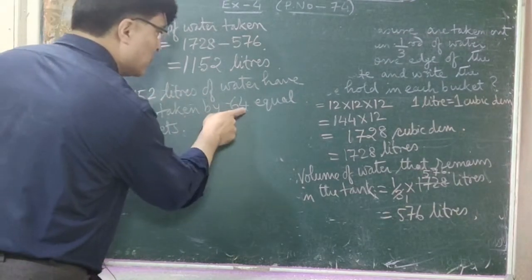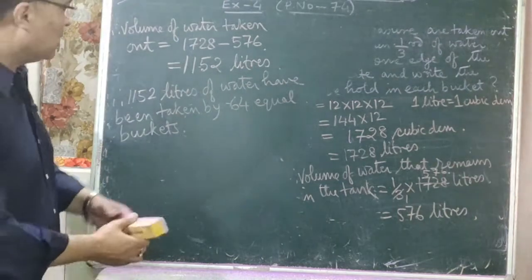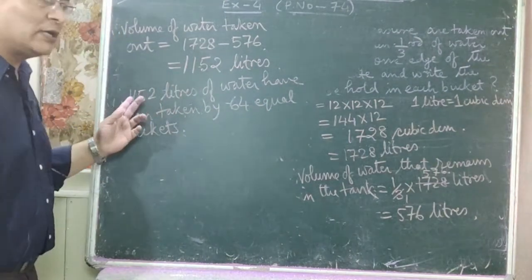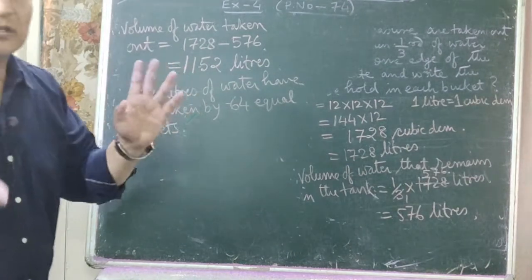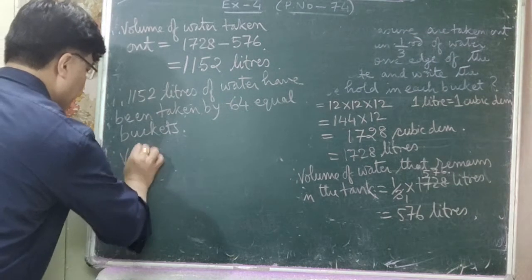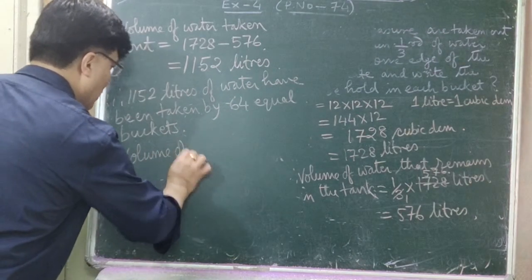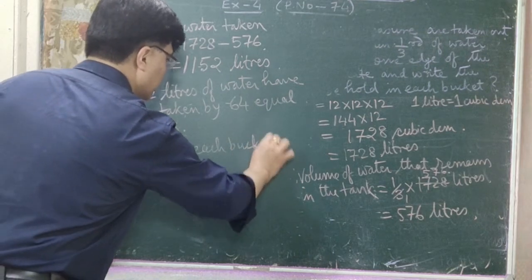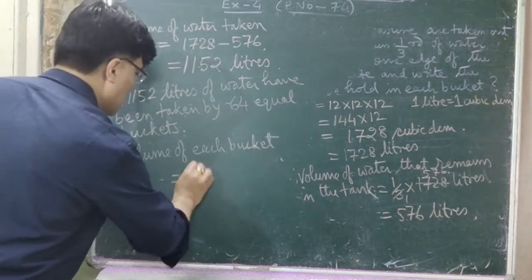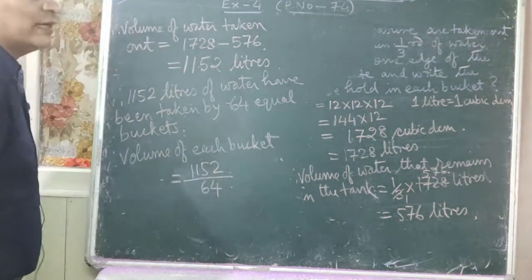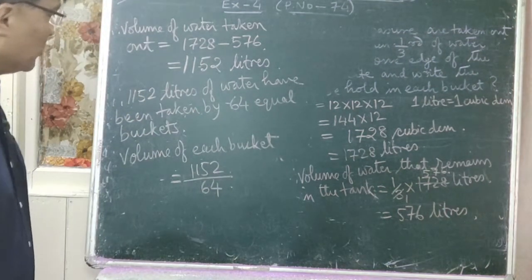So how can you find out the volume of each bucket? This 1152 liters should be divided by what? 64, किनभने यो 64 equal buckets ले 1152 liters of water निकालिँदैछ. So therefore volume of each bucket is equal to 1152 लाई 64 ले डिवाइड गरिन्छ. बुझ्दैछ सबैले?